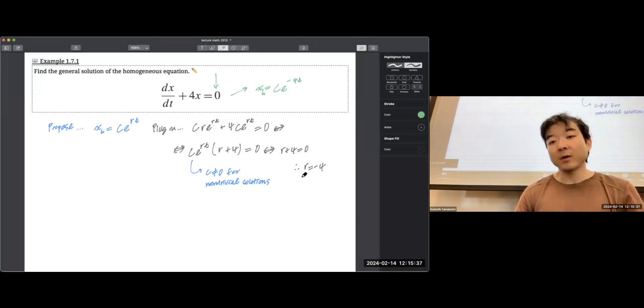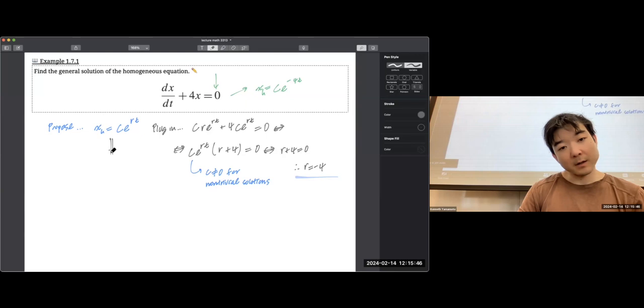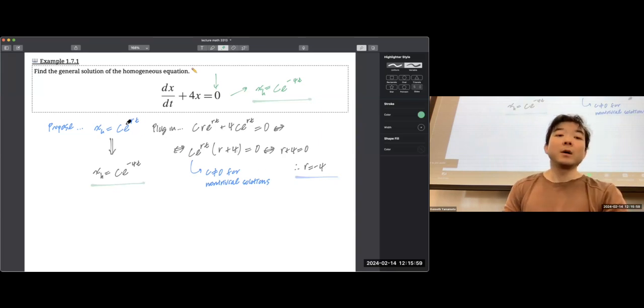And you can see that, okay, if r is equal to -4, then our homogeneous solution was x of h is equal to c e to the -4t, which agrees with the separation of variables solution we had before. So this solution form can be forced to satisfy this differential equation if you make r equal to -4.